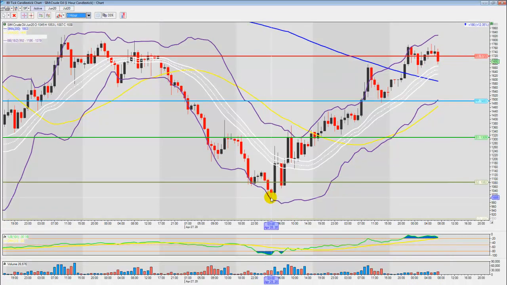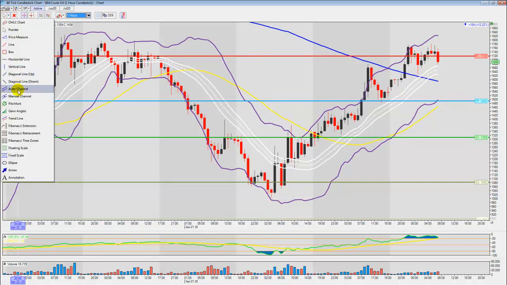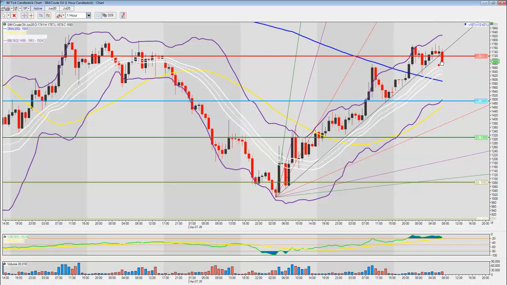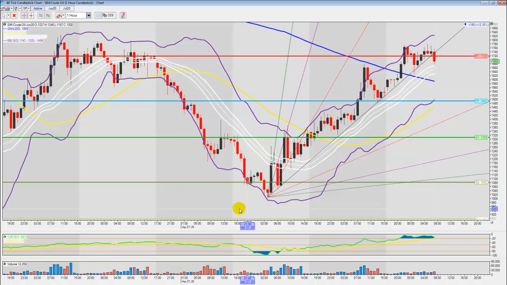Hour. Nice up move here from April 29th. Pretty good angle too. Looks like a good 45-degree angle. Let's get our Gann angles out. There's your good 45-degree angle on that up.